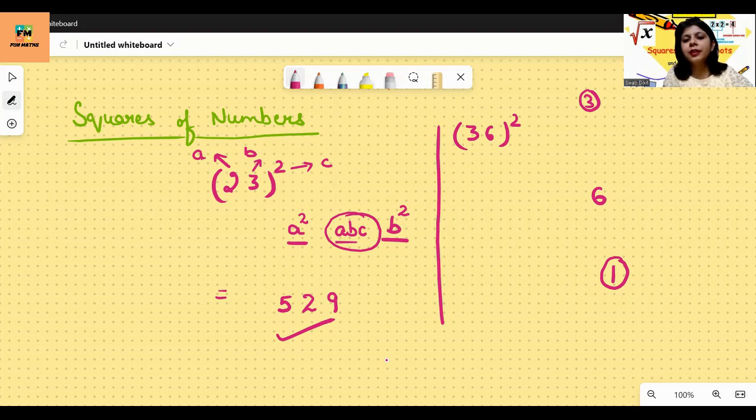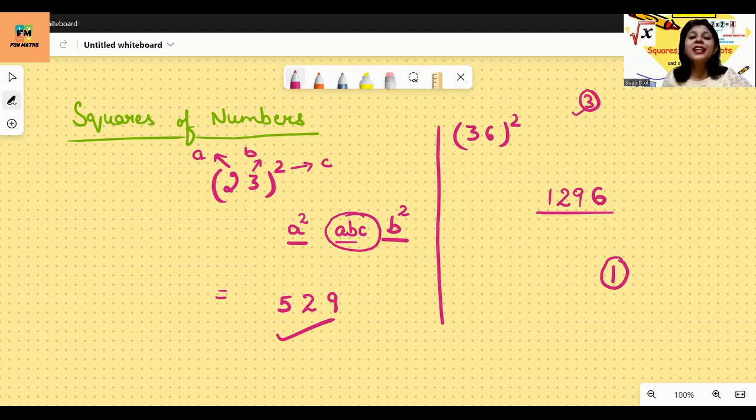That is 3 6s are 18, 18 2s are 36. Now 36 plus 3, which was carry forwarded, will be 39. Yes, so I will write 9 and again 3 will be carry forwarded. Now, this 3 square is 9 and 9 plus 3 is 12. Yes, so I will be writing 12 over here. So 1296 will be the square of number 36.